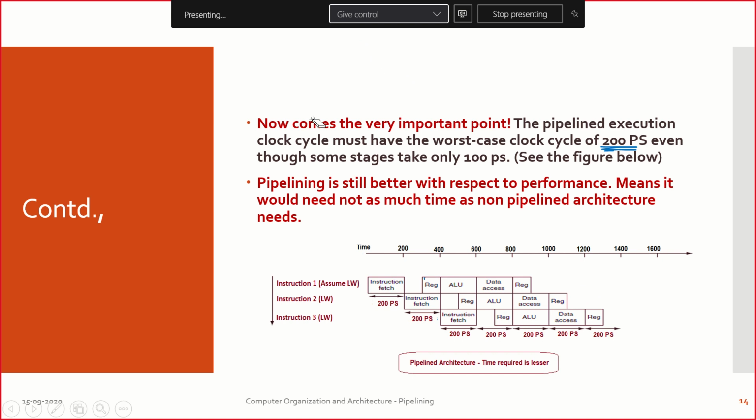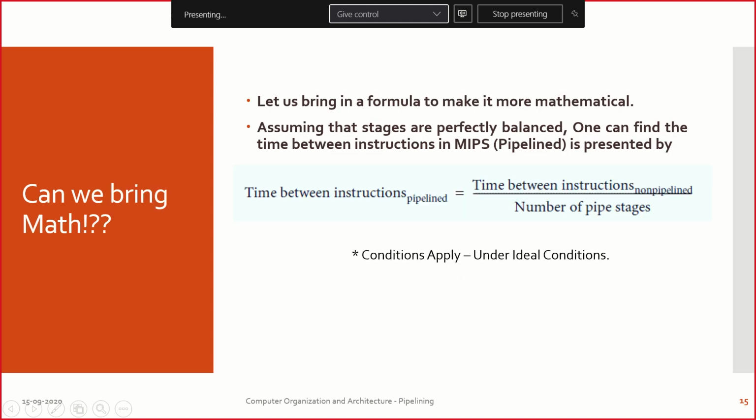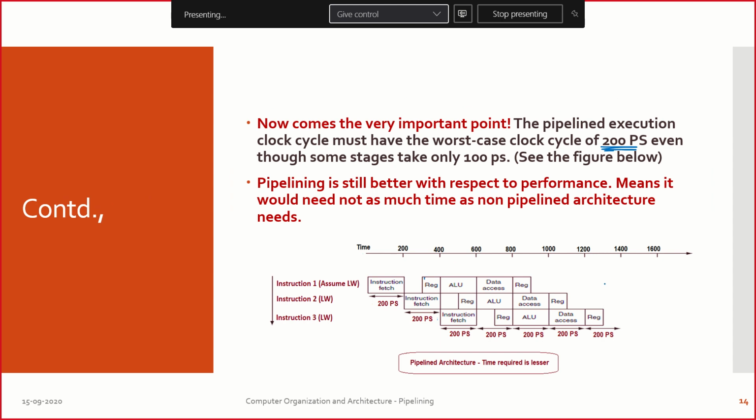The point is simple: every block will be 200 because 200 is the maximum duration, and I have to go with 200 for each of the stages. So in the worst case, the amount of time we have spent is not more than 1300 picoseconds. Earlier it was 3200. Earlier we considered the longest duration for the instruction itself and allocated that.